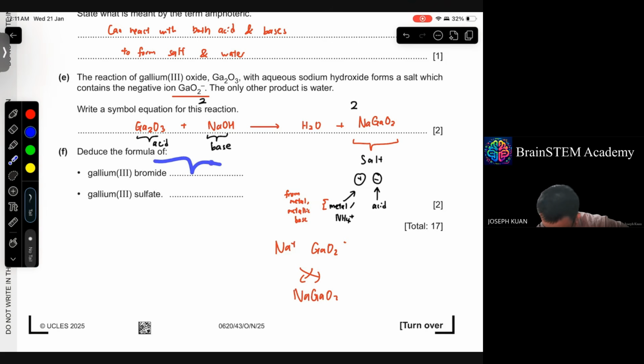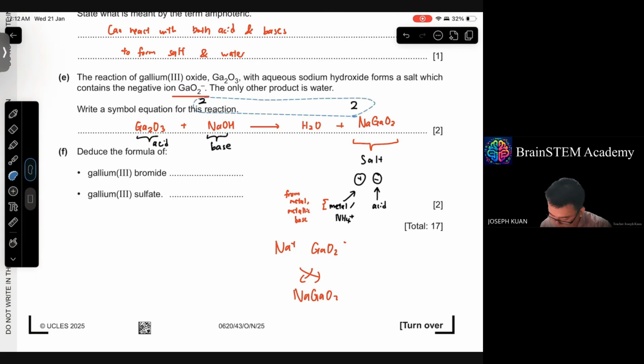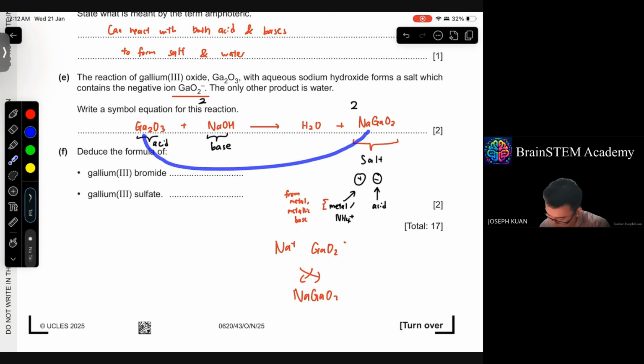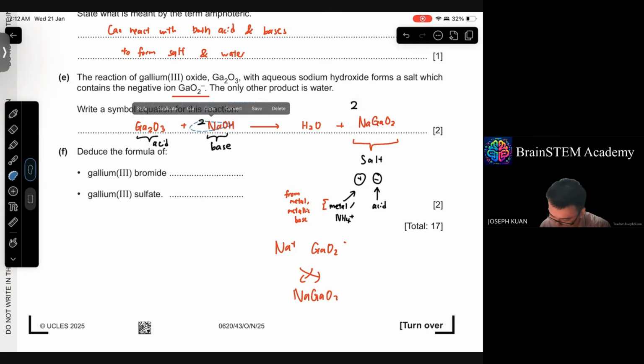There will be 5 oxygen on the left, and on the right there should be 4 plus 1, 5. Hydrogen is balanced, oxygen balanced, sodium balanced. So it has to be this ratio: 1, 2, 1, 2. I balance it by looking at gallium. There should be 2 gallium, and when I put a 2 here, that should affect my sodium, and I double check my answers. That's how I can get this answer.